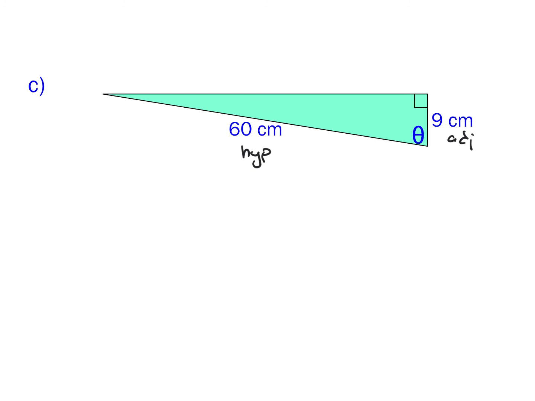So in this question, we have the adjacent and the hypotenuse. So that means that we are going to be using SOH, nope, CAH, yep. So it's going to be the cosine of theta is equal to the adjacent over the hypotenuse.